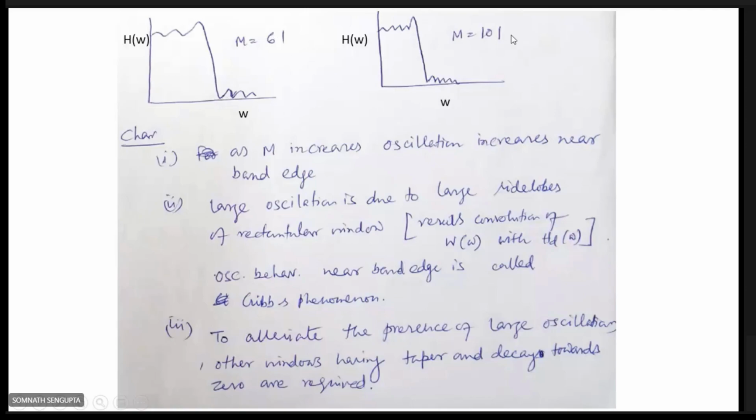Whereas if you increase the number of samples, or consider the FIR filter with more samples, the rectangular window has shorter side lobes. So there are small oscillations, and this is called the Gibbs phenomenon.